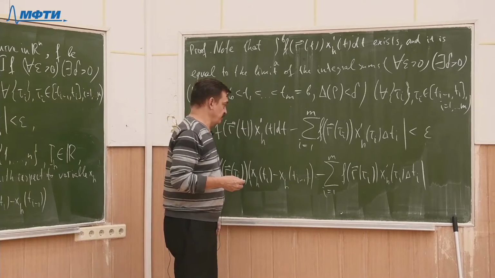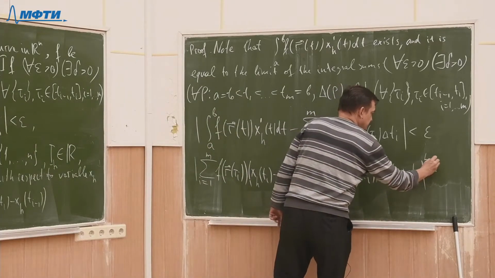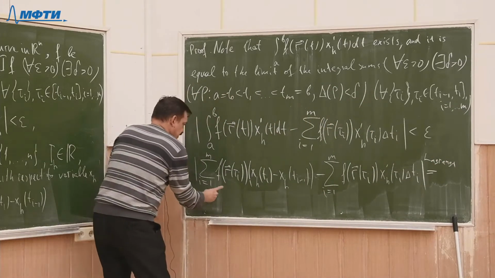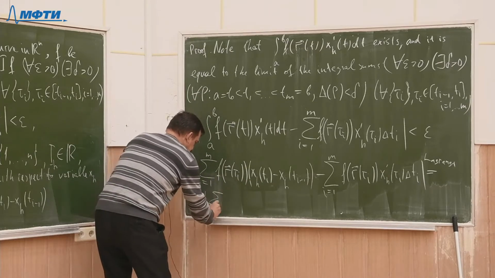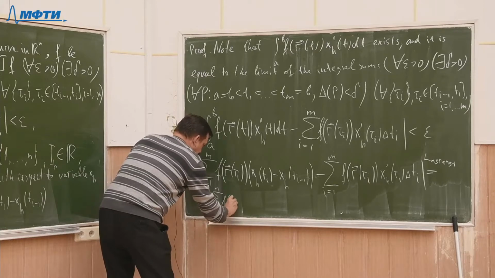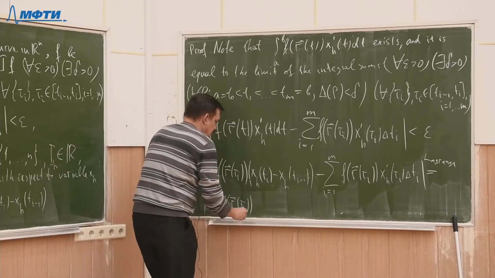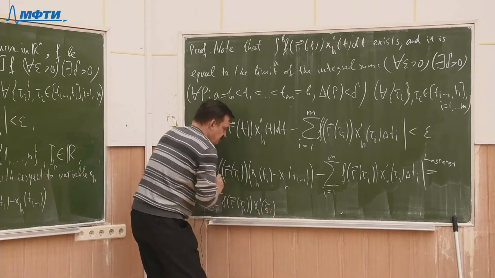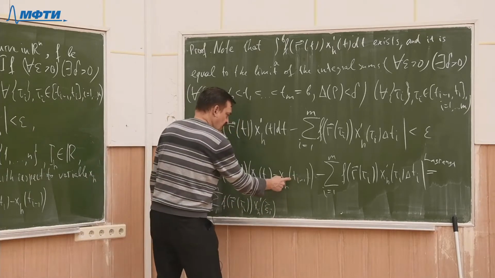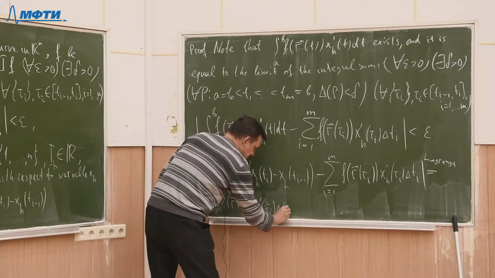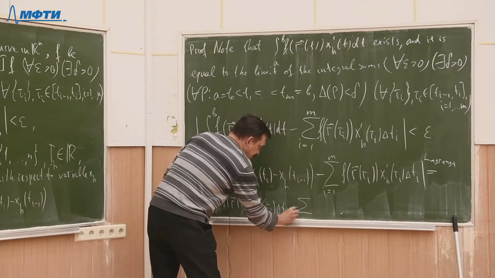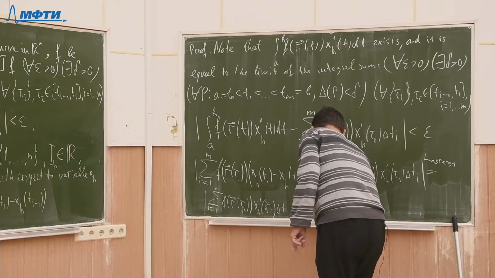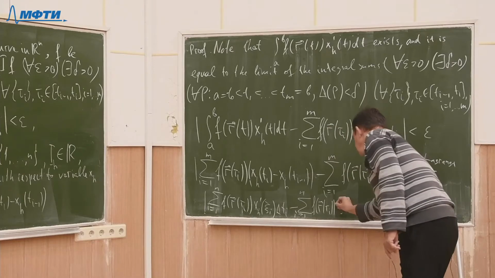So according to the Lagrange mean value theorem, we can represent this difference as f of r of tau_i times x_h prime at an intermediate point psi_i between t_{i-1} and t_i, times the difference delta t_i, minus the sum.